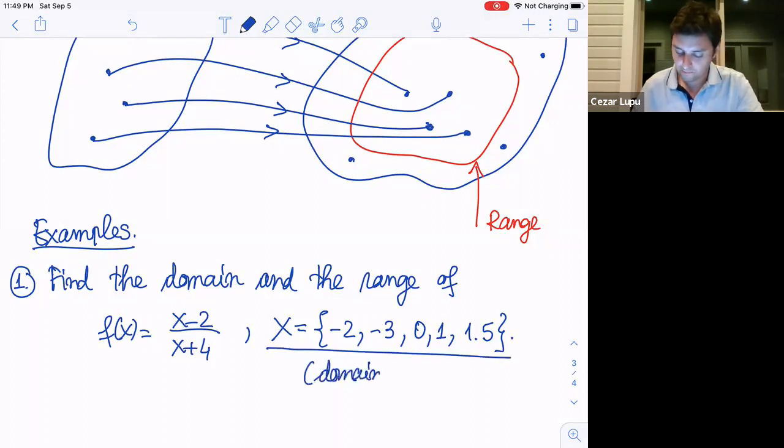It's already there, and what we need to find is the range.